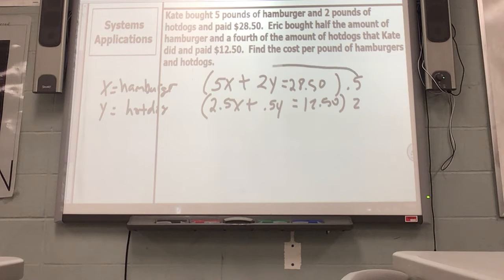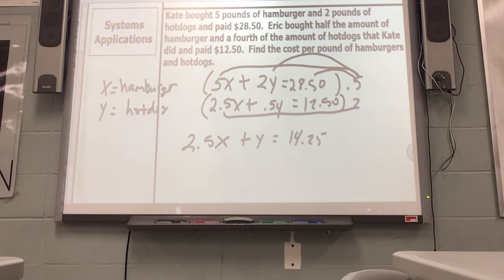So when you distribute your half on everything, that gets you 2.5x plus 1y equals 14.25. And then when she distributes her 2 on the bottom one, that gets you 5x plus 1y equals 25.